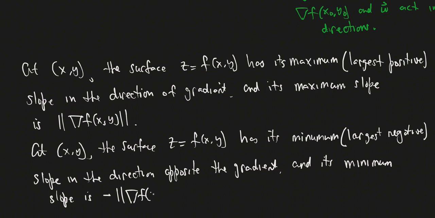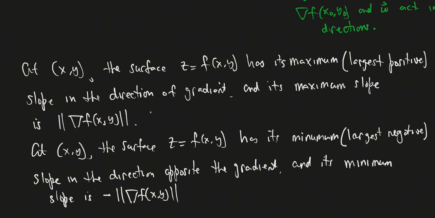So just looking at the gradient vector itself, it gives you the direction in which, if you move x and y, your z value will increase at the largest possible rate, and that rate of increase will be its magnitude.